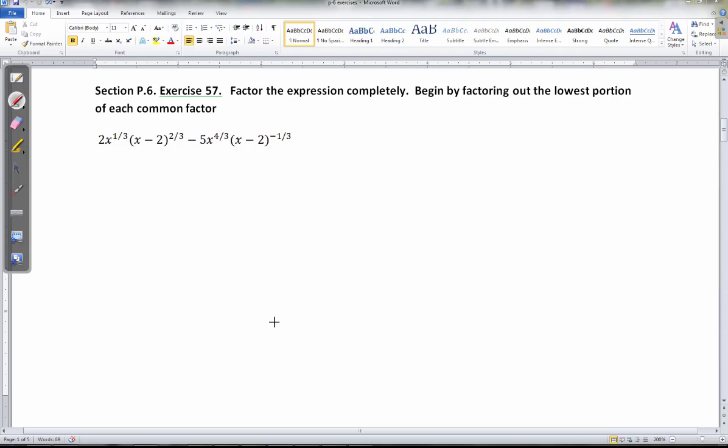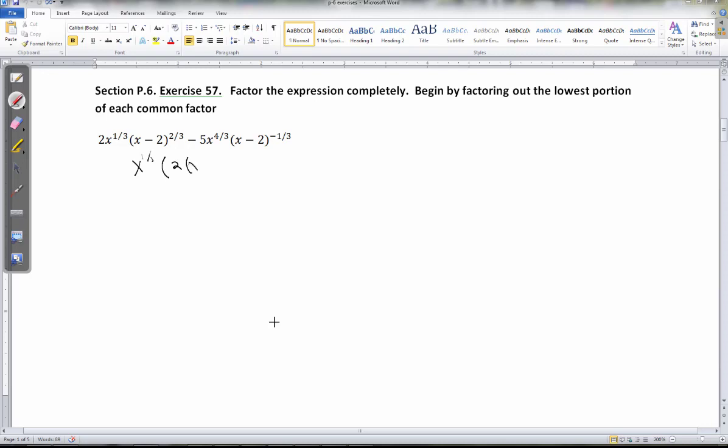The lowest power that x had was 1/3, so I'm going to pull out x to the 1/3. The lowest power that x minus 2 had was... Well, actually, let's just do x to the 1/3 first. I'll do the x minus 2's next. So if I divide by x to the 1/3, I'll still have that 2 out front. The x to the 1/3 will be gone in this term, because divide anything by itself, it just goes to 1.